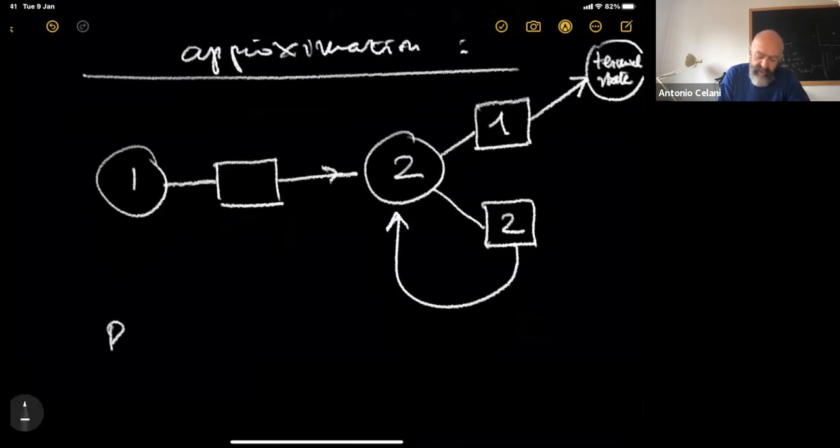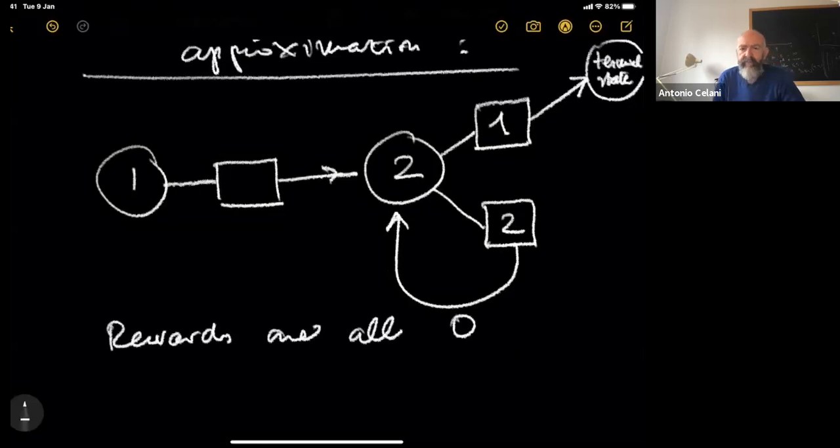So the rewards are all 0. So this is a problem where any action you take, you don't get ever any reward. They are not even 0 on average. They are deterministically 0. Okay. So this is very silly. Okay. But I'm explicitly constructing a super simple problem.